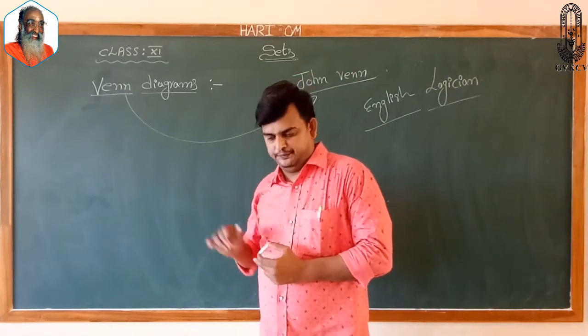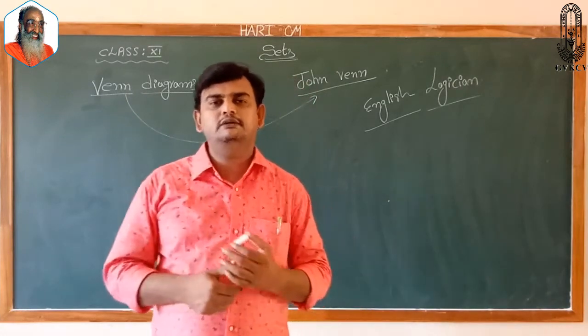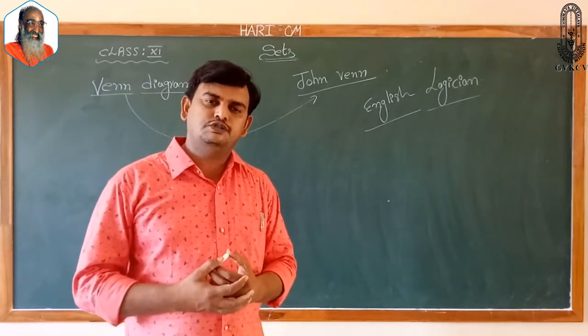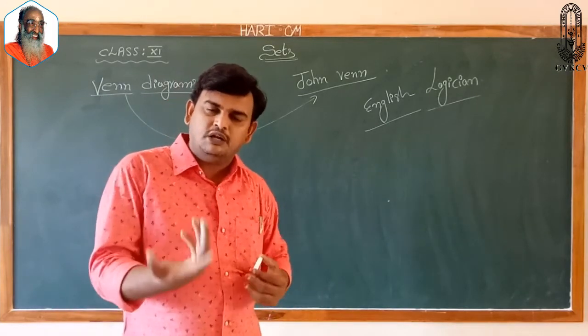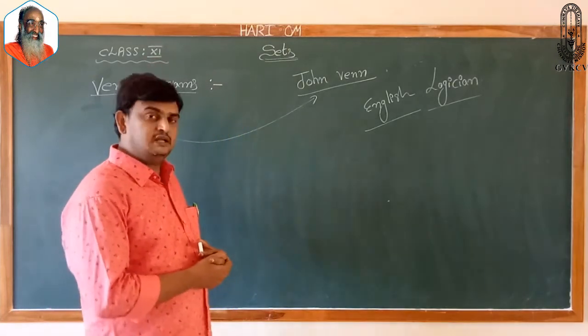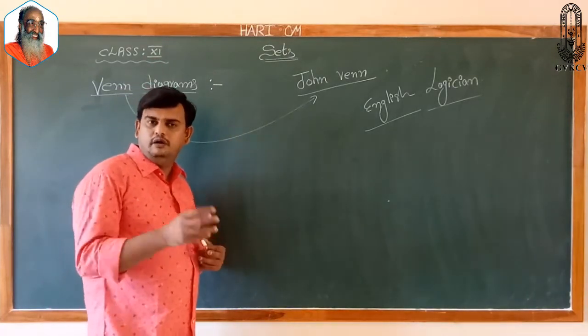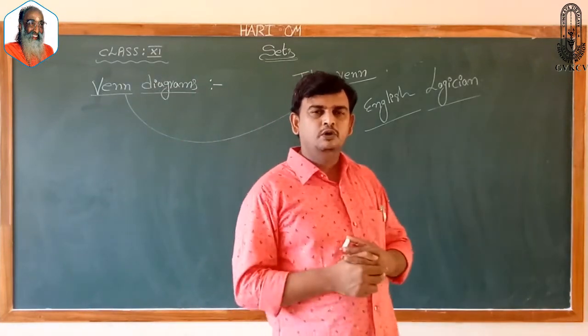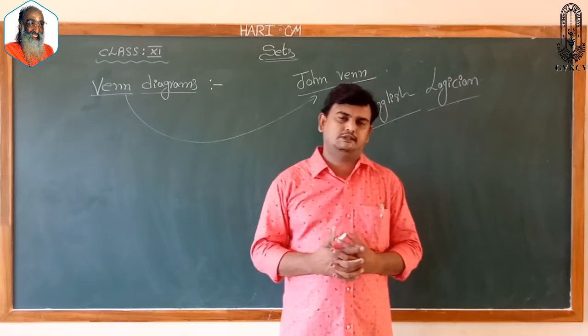Okay, it is very good. Now how to represent, sir? What are the pictures we are going to use? In mathematics, we have a few shapes. We have some polygons.